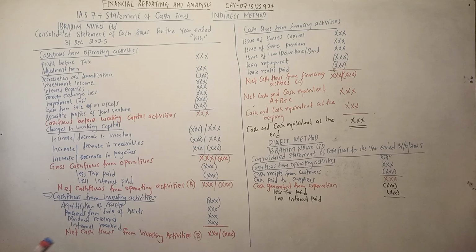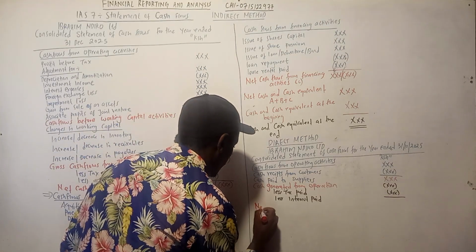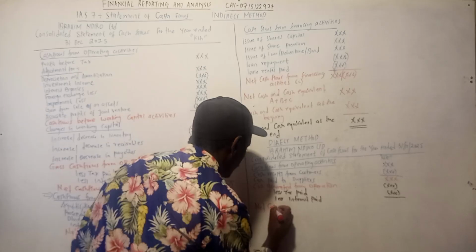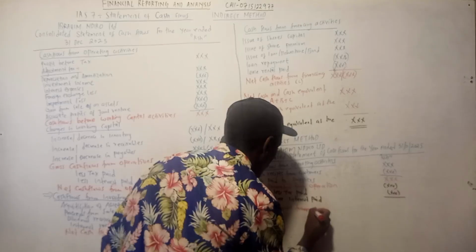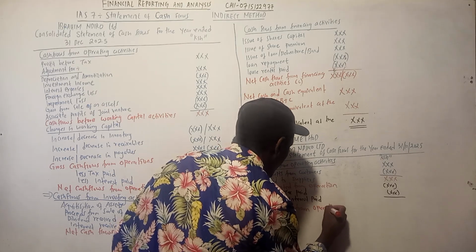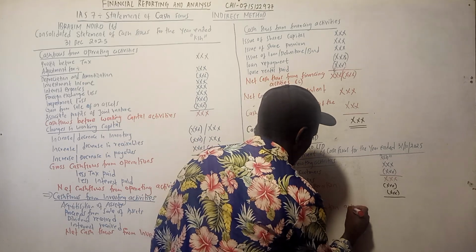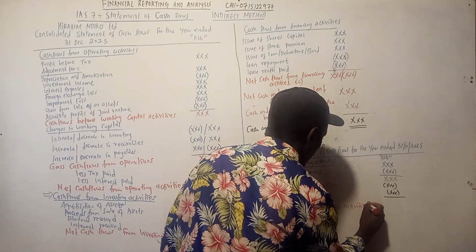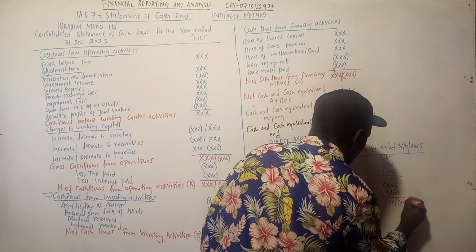Now, once we less those items, we shall get the net cash flow from operating activities. So it can be a positive or a negative figure.